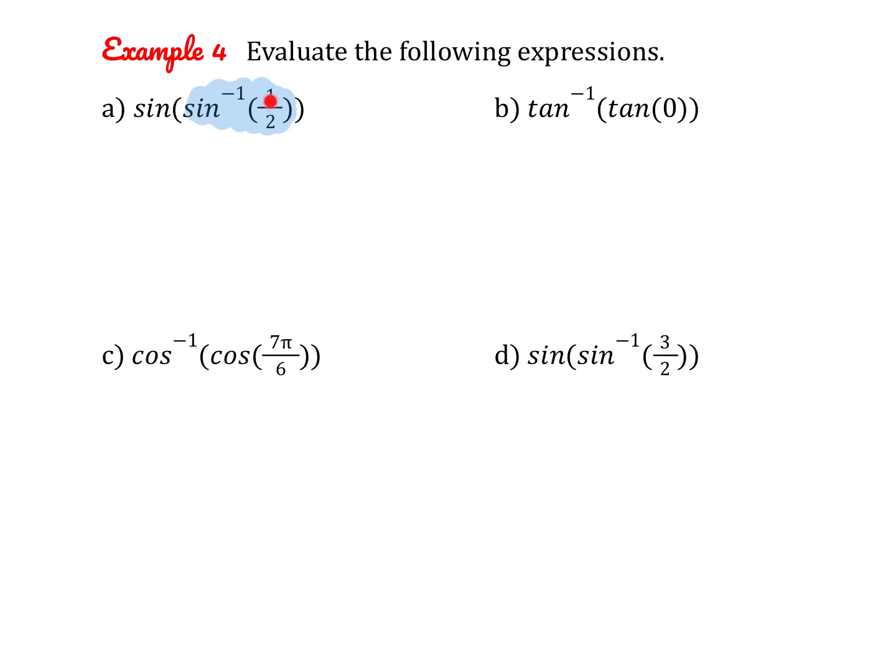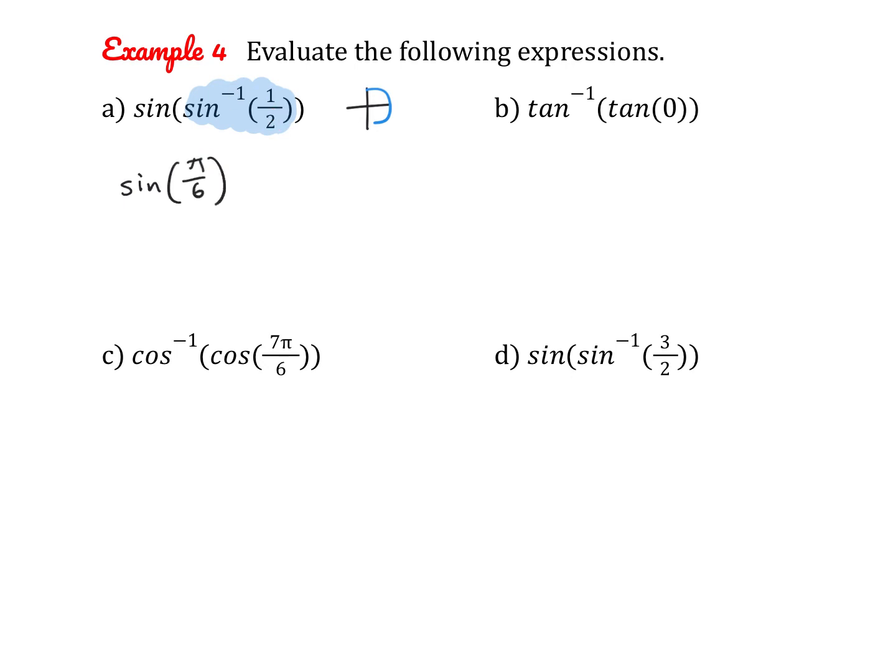I know that this is within the domain, and the range of arcsine is negative pi over 2 to pi over 2. So we want the angle whose sine is positive 1/2. That must be pi over 6, because the sine of pi over 6 is positive 1/2.